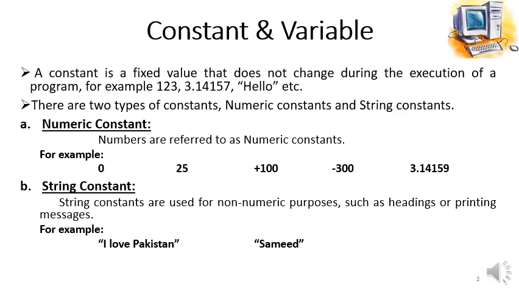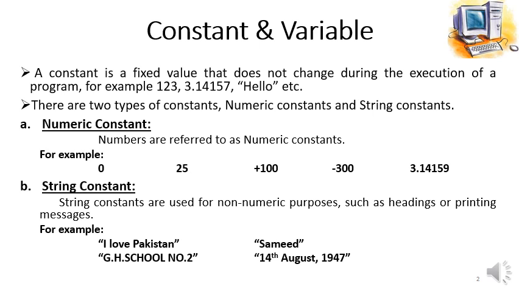Second, we have a name of a person, Samid, which is enclosed in double quotation mark, that is also a string constant. Like GH school number 2, government high school number 2, which is enclosed in double quotation mark, that is also a string constant.